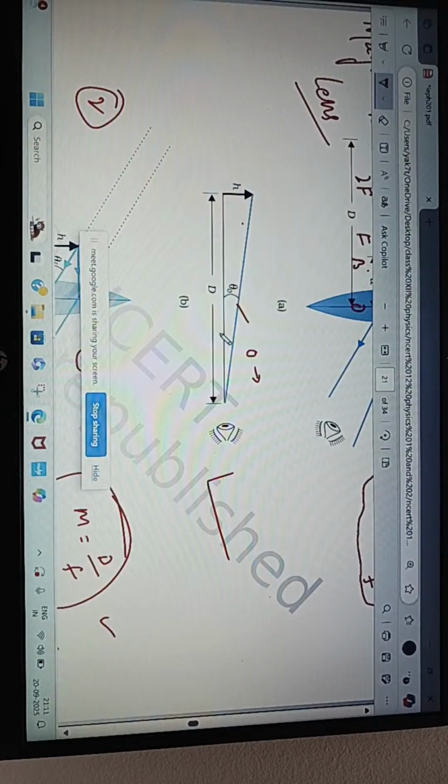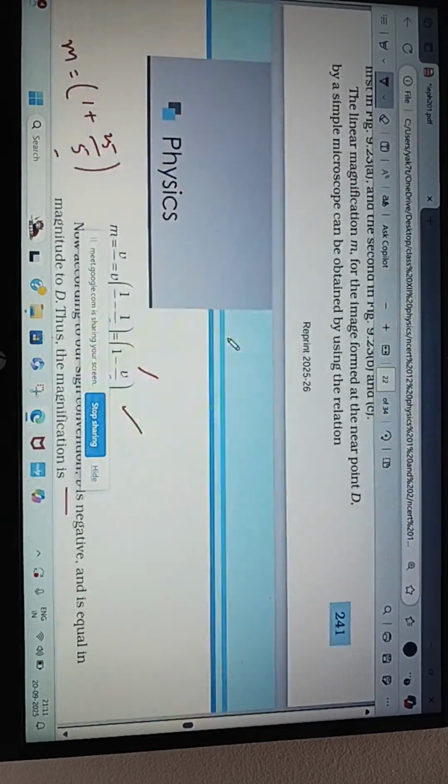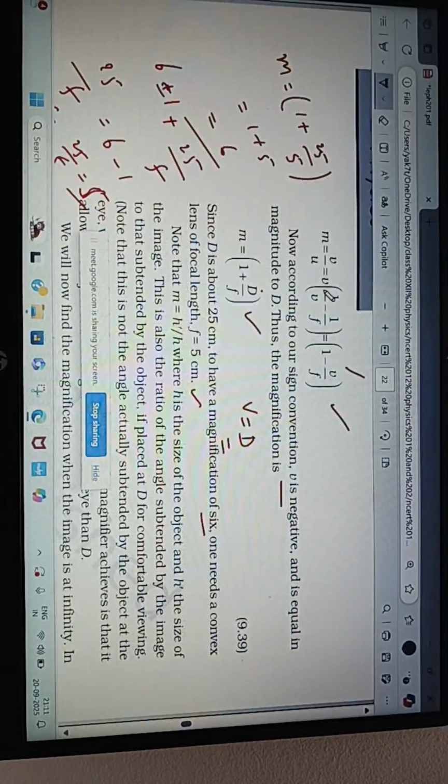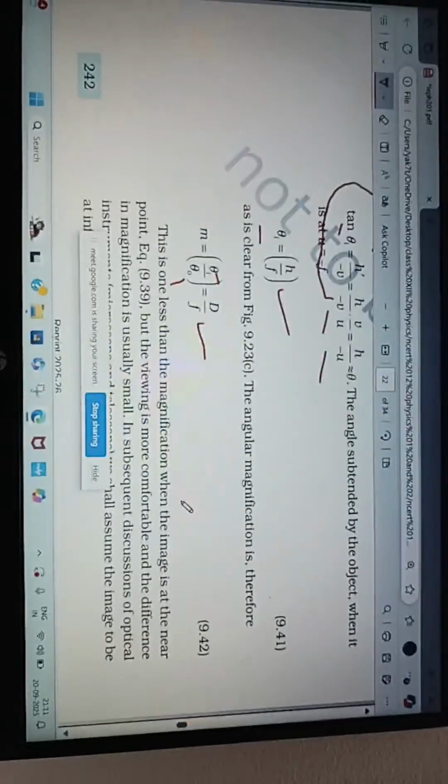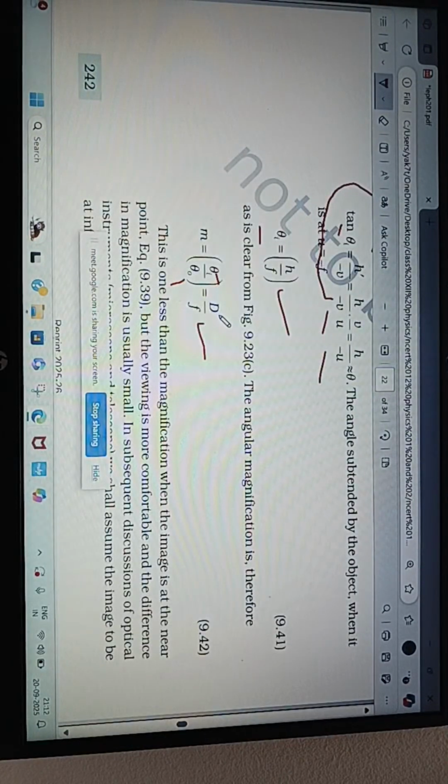Second case, this linear, this is a formula. Second case is here. So much is written in the book. This is the second case, that is when the object is at focus.